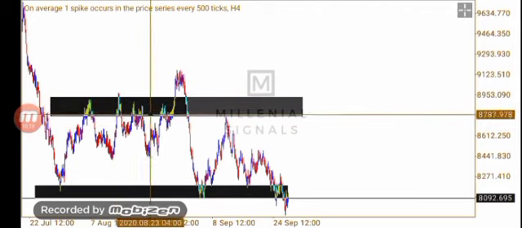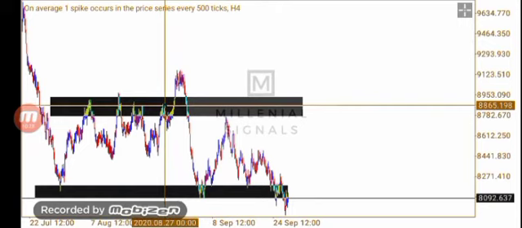So basically, this area on the chart is called your resistance. Your resistance is an area on your chart where you expect sellers to come in to drive price back down. You expect sellers to take charge of the market from the buyers.